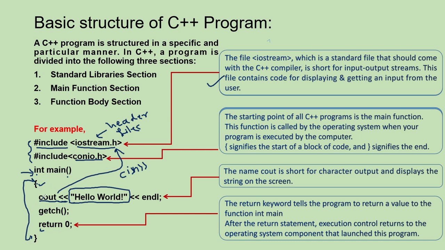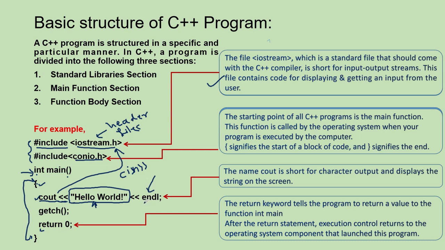Now, in this particular program, we have written cout. Cout is a short form for character output, which will be used to display this enclosed text on the screen. And endl is one of the operators, which is used to terminate a line.